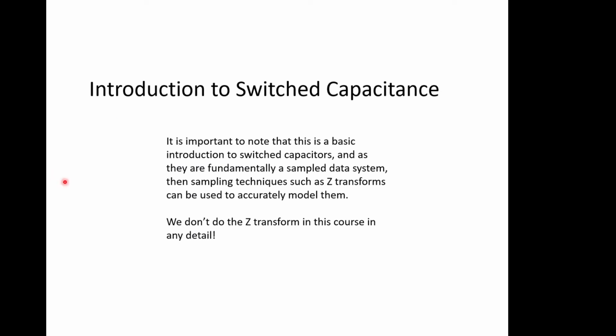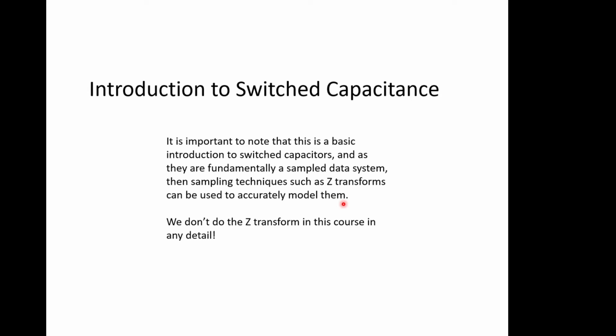Right, so that leads us nicely onto switch capacitance. So there's a bit of a caveat here. It's important to notice that this is a basic introduction to switch capacitors, because we haven't got very long. And it's fundamentally a sampled data system that the sampling techniques such as Z transforms can be used to accurately model them. So I'm not expecting you to have done Z transforms.